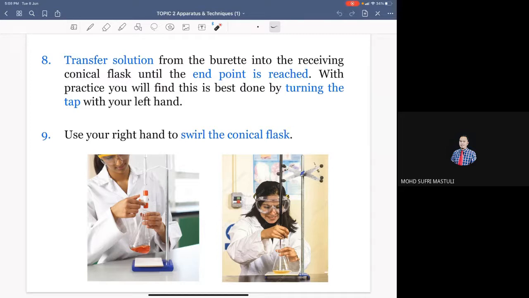You can use whichever hand is convenient to swirl the conical flask, meaning that during the titration you have to control the tap and also swirl the conical flask, depending very much on your convenience.